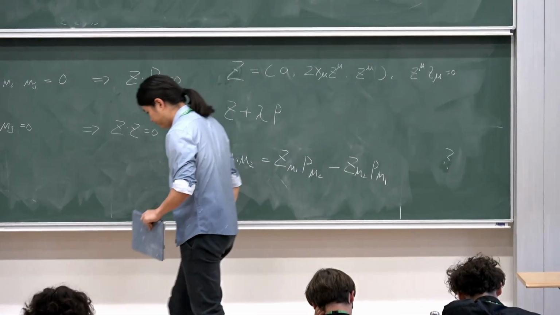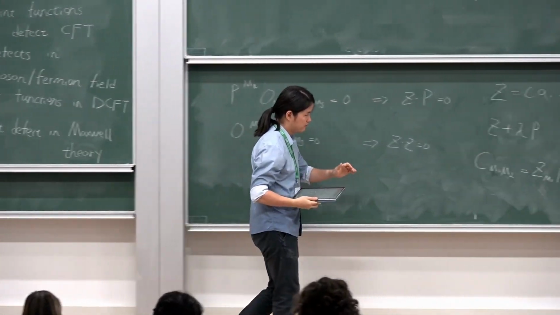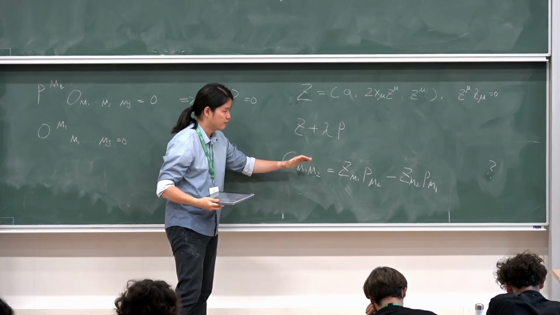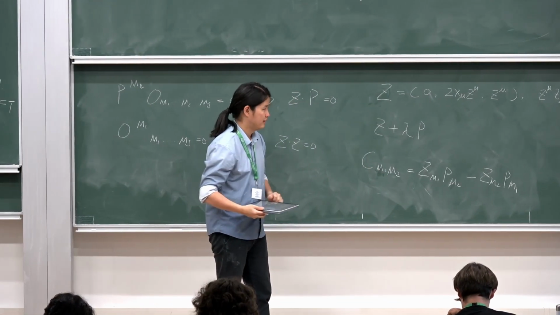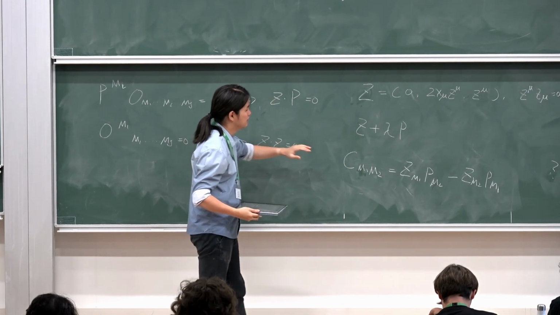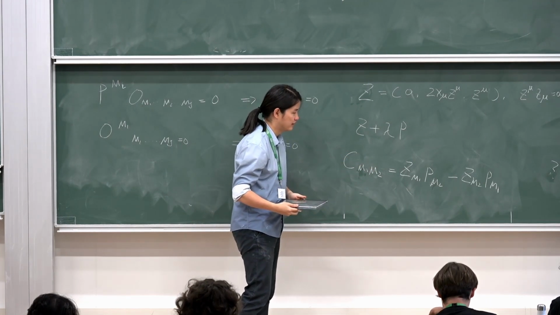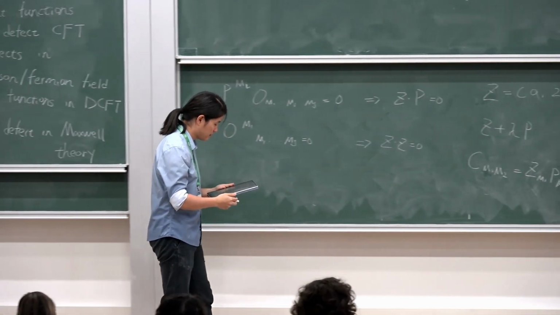All right. So this is a polynomial of Z that is of degree 1. And you can clearly see that the shift is by P, since P itself is null, it will not change this quote-unquote gauge invariant combination building blocks.